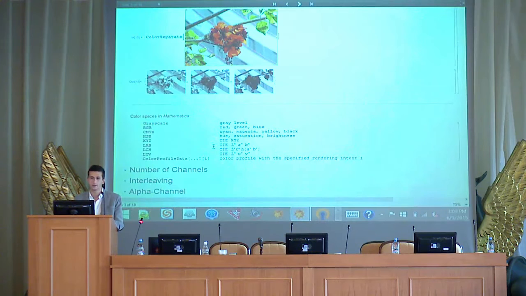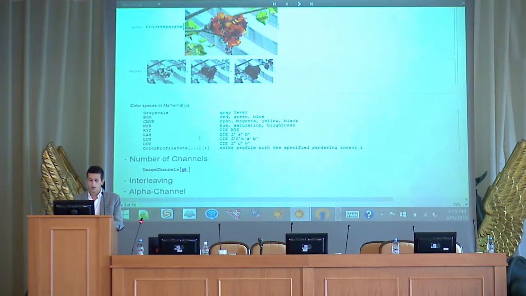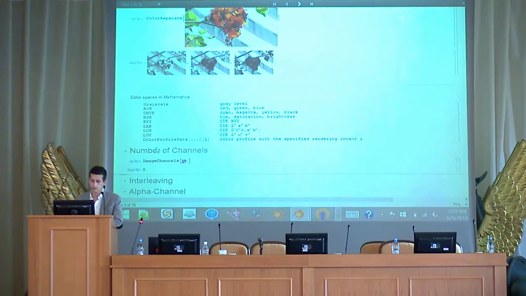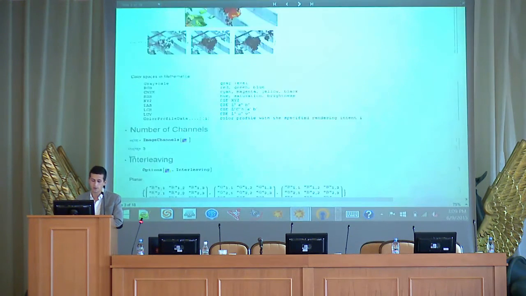We can create 9, 16, 32, 64, whatever number of channels we want, and Mathematica allows that. Basically, ImageChannels will give just the number of channels, if we don't want to go into details and see what channels they are, but just to know the number of channels.